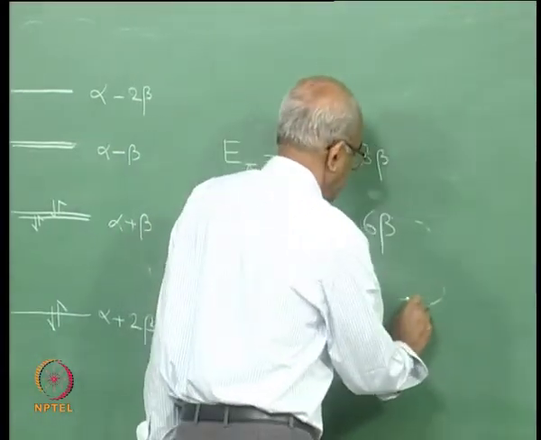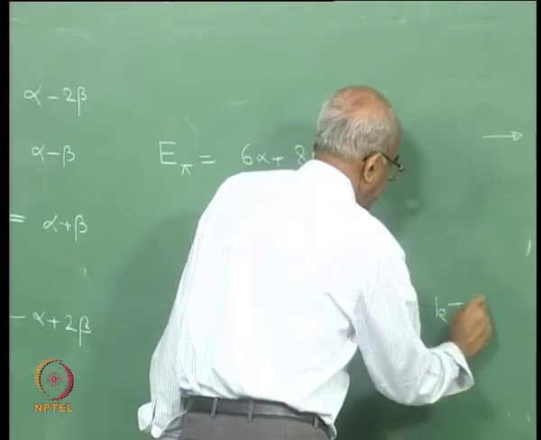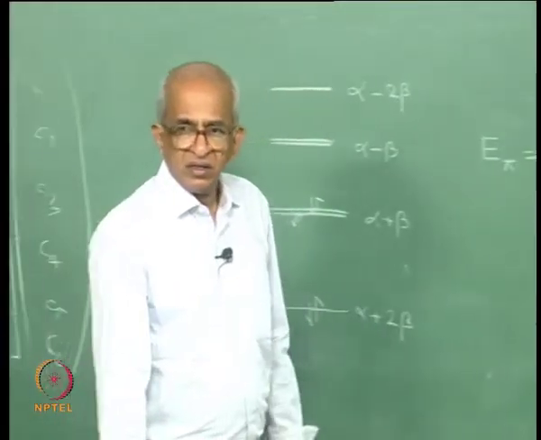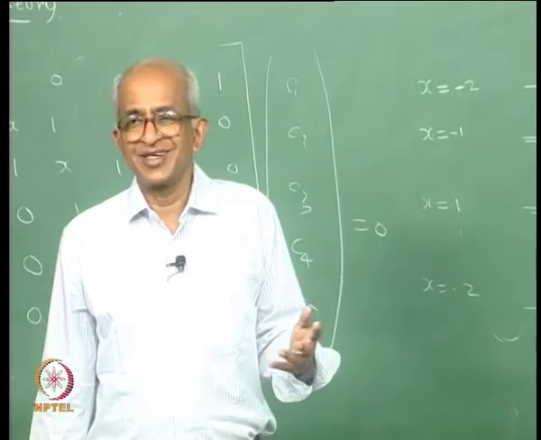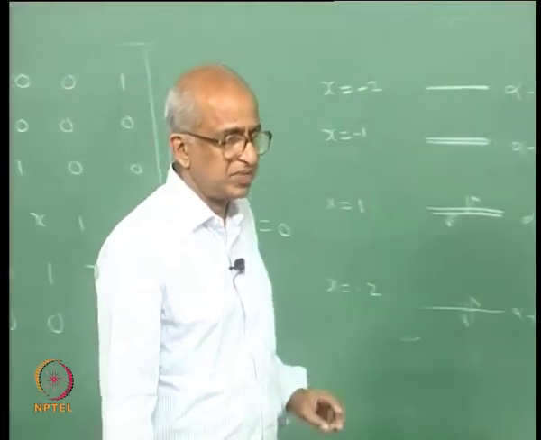So, this works out to be roughly 460 kilojoules per mole. And this value is quite large, and this is the reason why benzene is extra stable, and in fact, this is a molecule that you refer to as being aromatic.